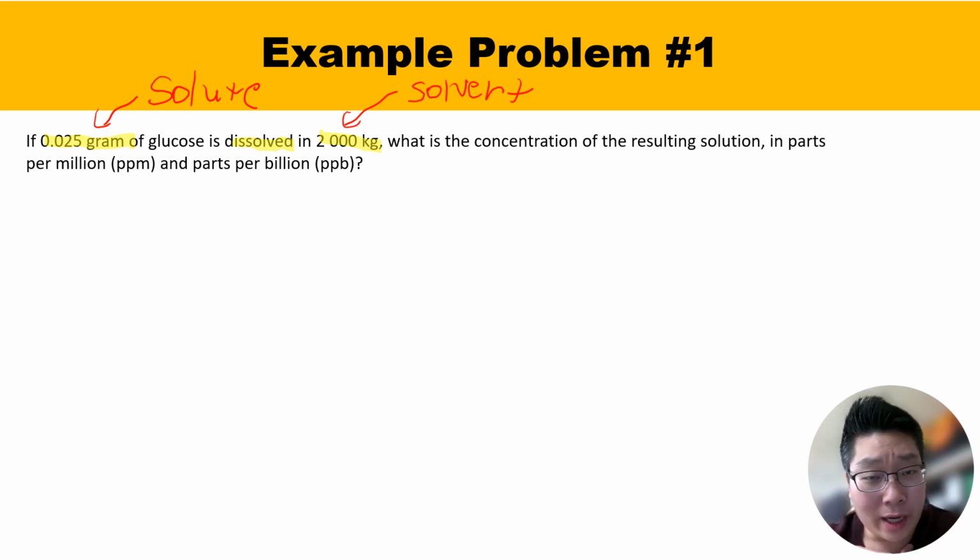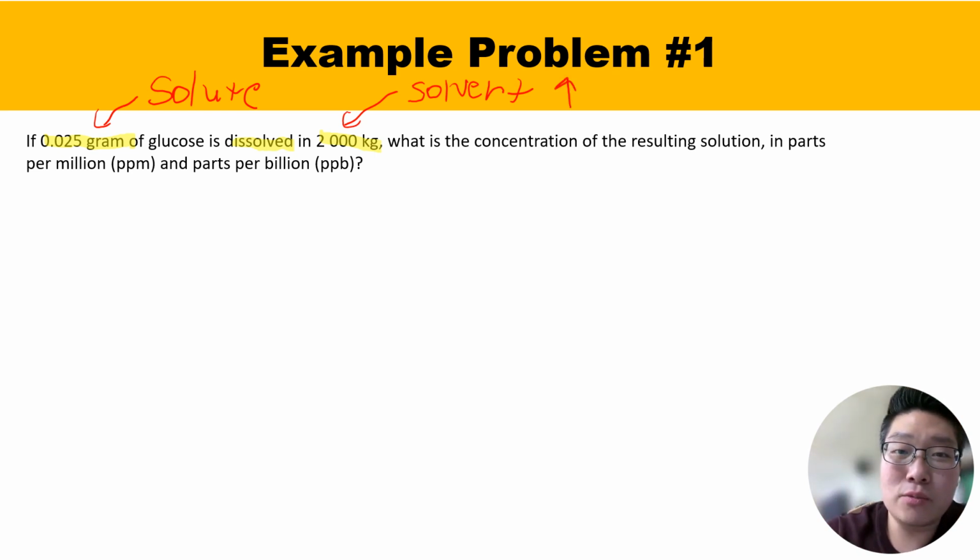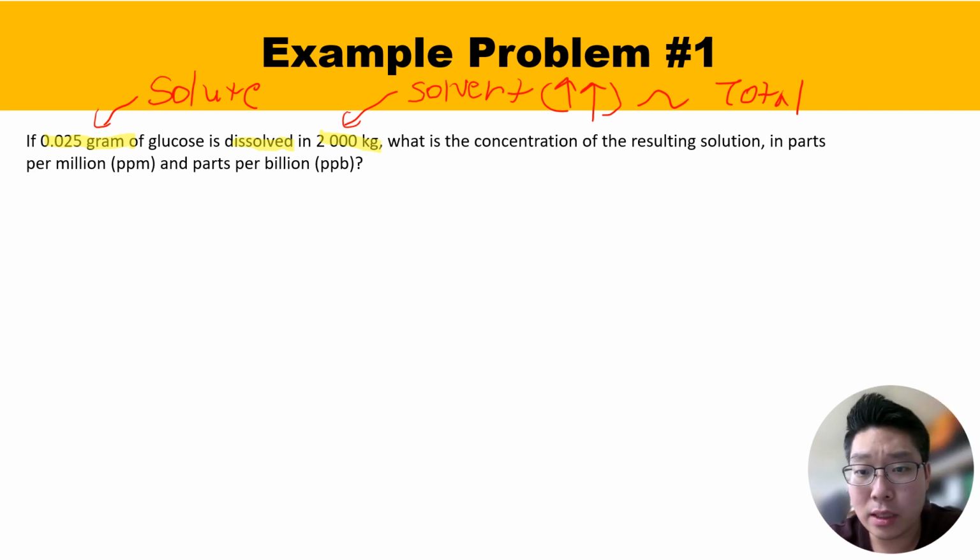So we can hypothetically assume that in this case, because the solvent is a really enormous amount, I can just directly go with the problem solving, assuming that this is equivalent to almost like a total volume or total mass. So let's put some of these into a formula.